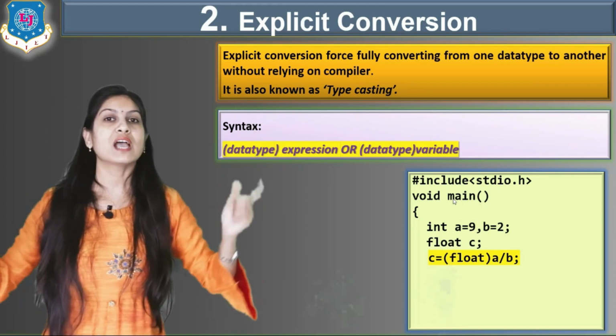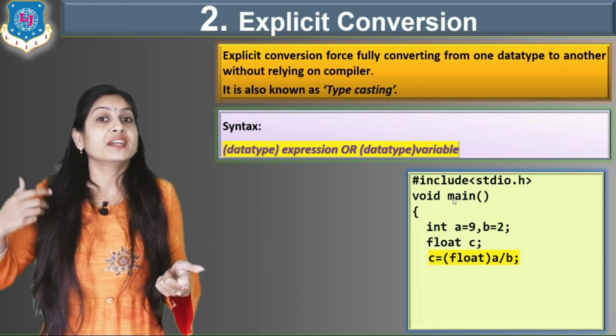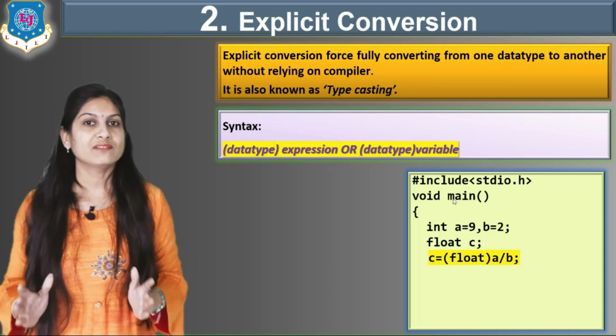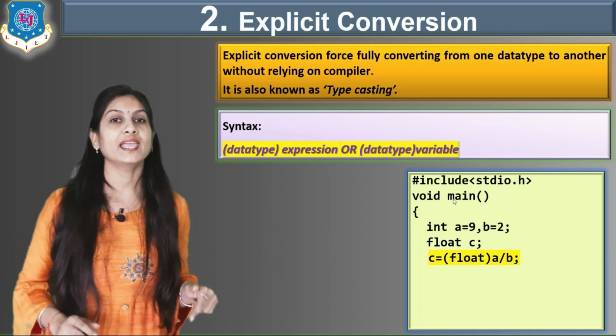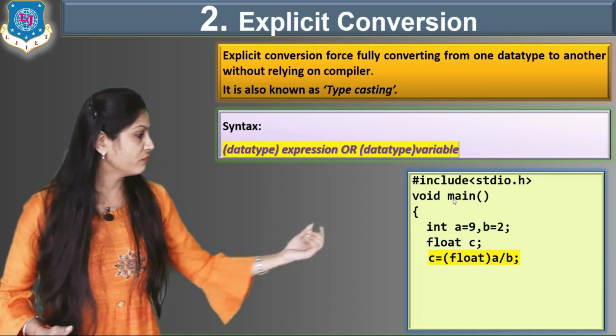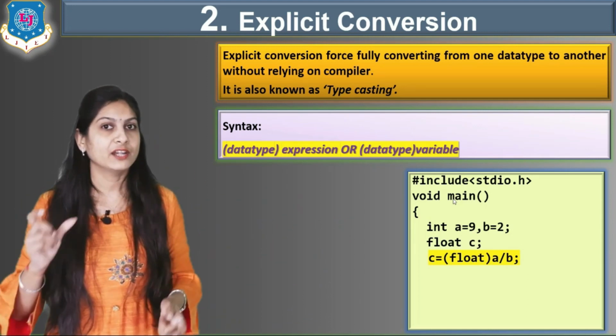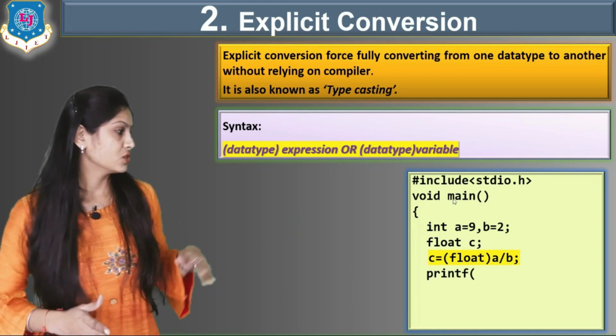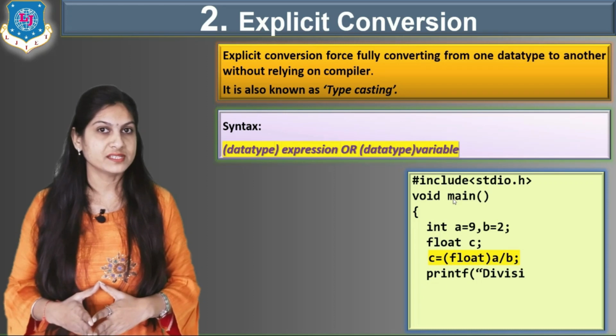In a round bracket we have to write the data type in which we want to convert. So simply I want to convert variable a into float. So we put float in brackets before variable a and then divide by b. So now it becomes an explicit conversion.